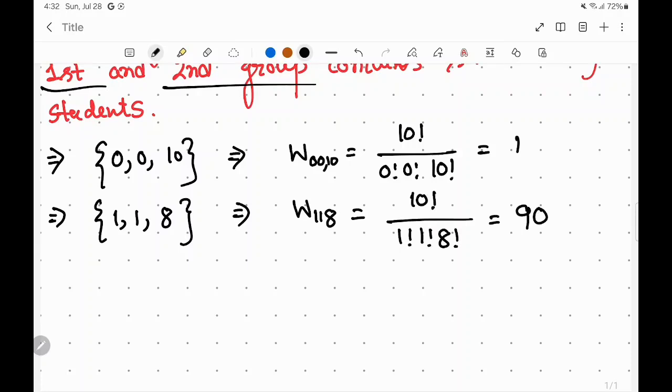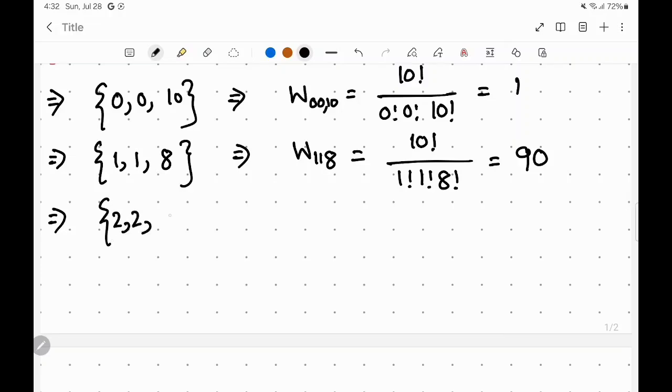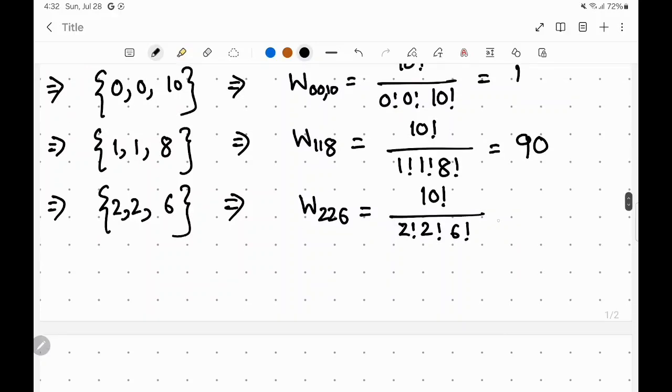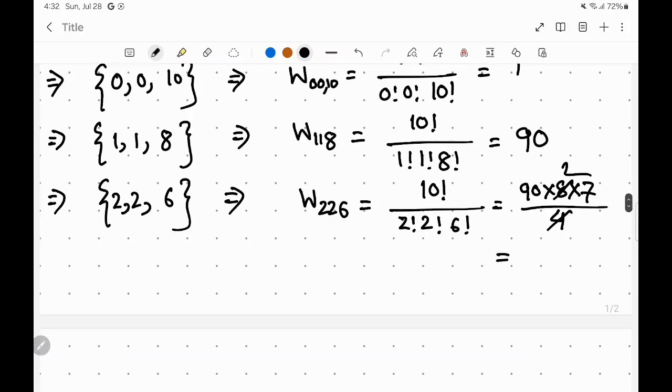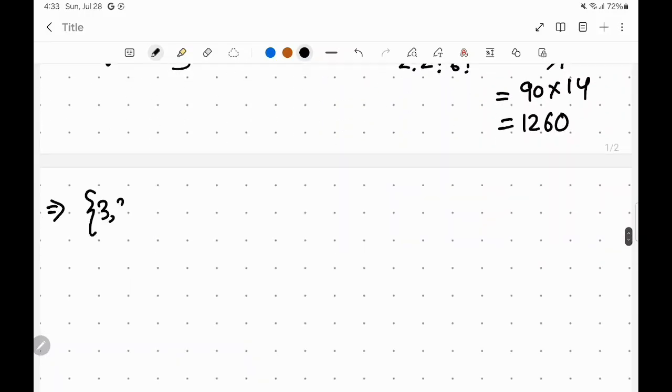It will be 90, then 90 into 8 into 7 by 4, so now you just use 90 into 14. It is 1260. Then the next configuration, 3, 3, 4.